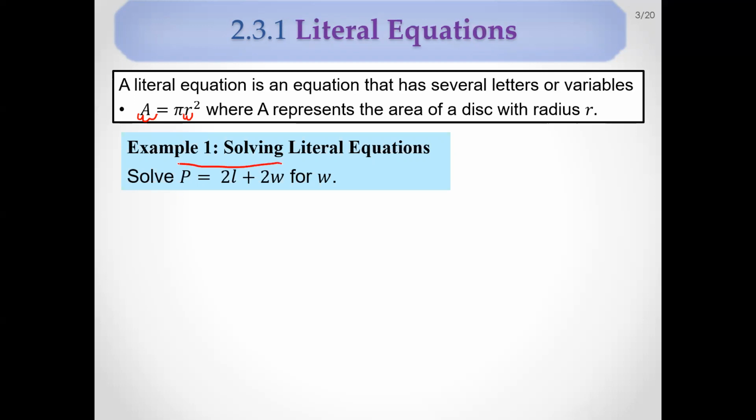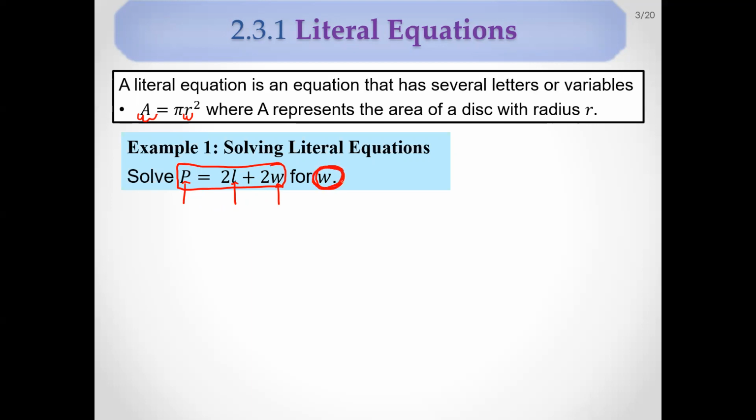So this is an example. This is an equation involving the variable p, the variable l, and the variable w. So we have three variables. Here p is expressed in terms of l and w. What is required is that we isolate w.